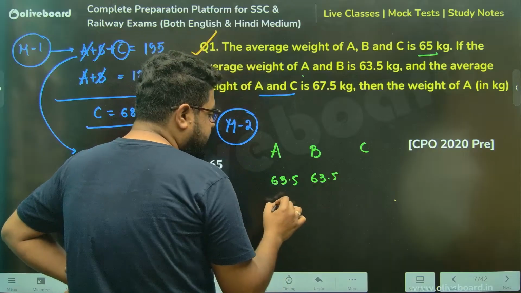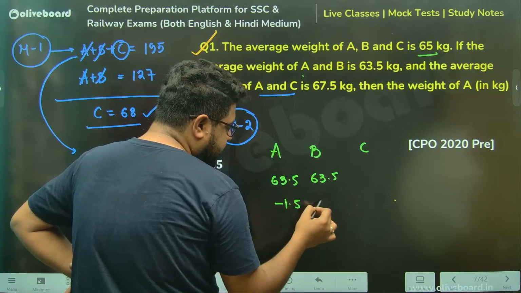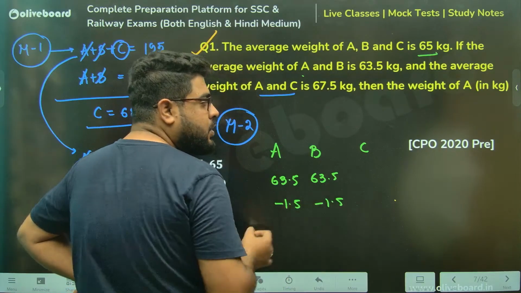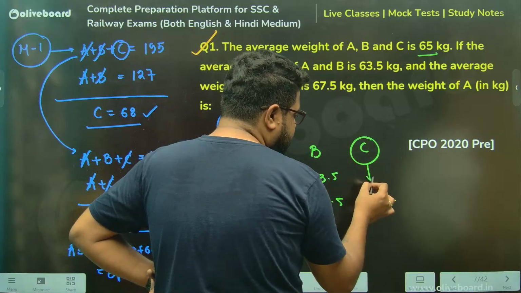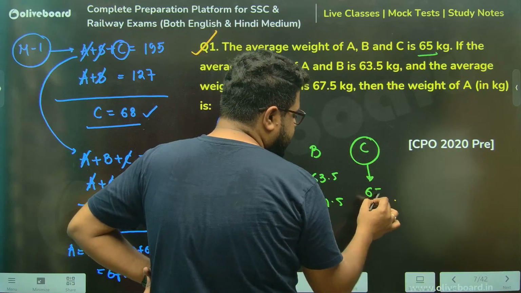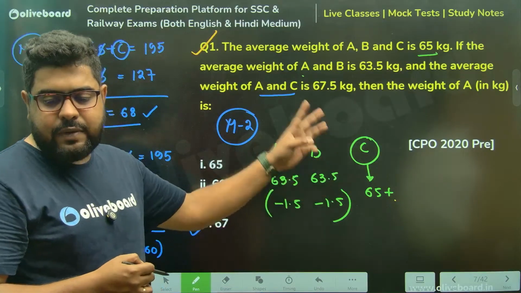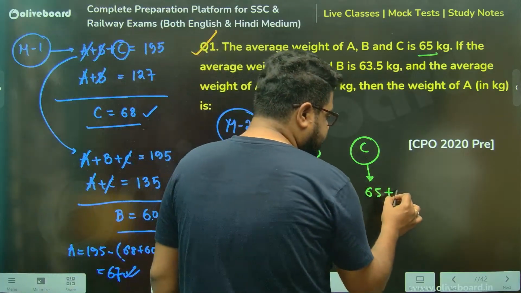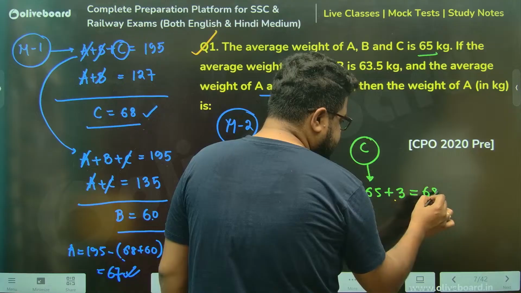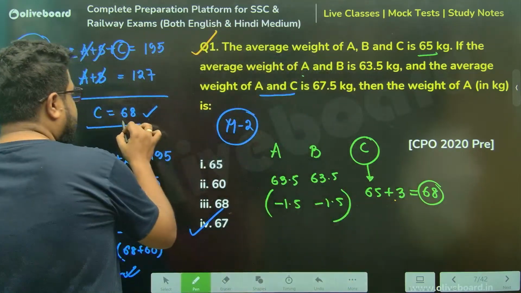So the change will be this is minus 1.5, this is minus 1.5. So weight of C I can calculate like this. The average is 65 plus I need to balance this. The deviation minus 1.5 minus 1.5 is minus 3. So balance that by plus 3. You see we are getting 68. Can you see? We got the same value.